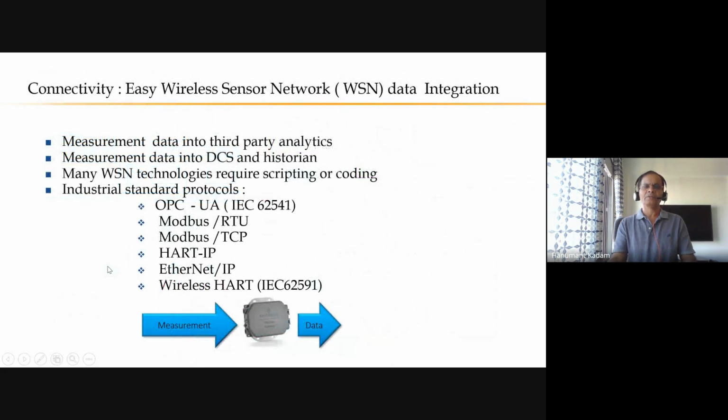So you can see here presently these are the protocols: wireless sensor network data integrations. The industrial standard protocols are OPC UA, IEC 62541, Modbus RTU, Modbus TCP, HART IP, Ethernet IP, WirelessHART.